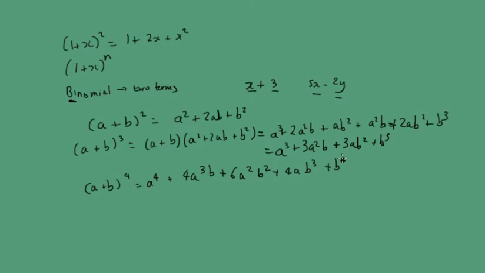Now, you could keep going with this. You could keep raising (a + b) to the power 5 or the power 6. But as you can see, this is quickly going to become really quite complicated.